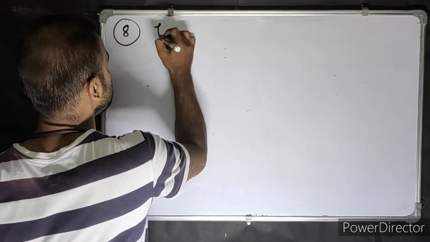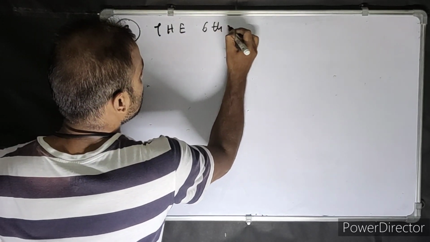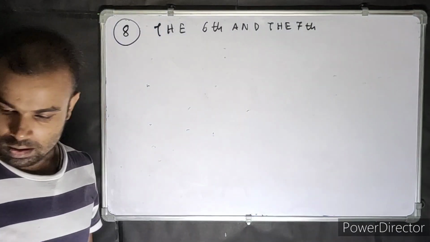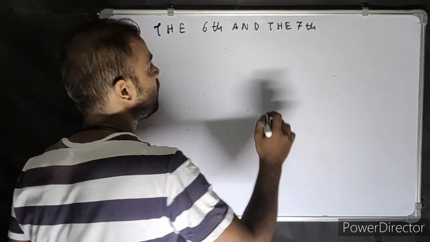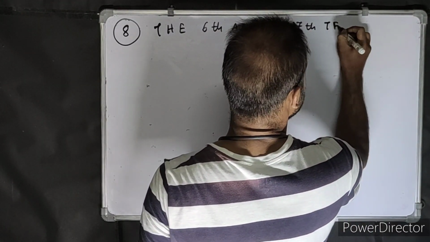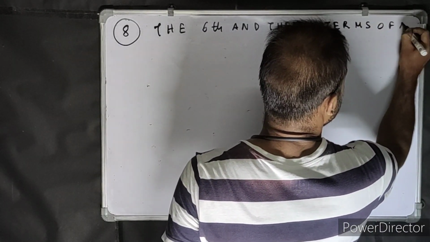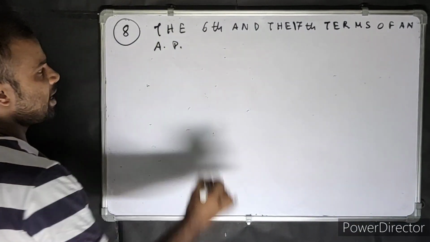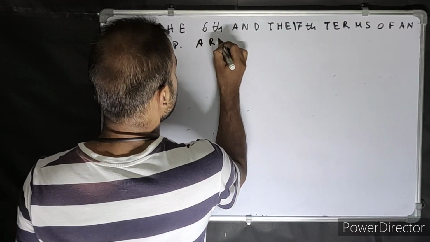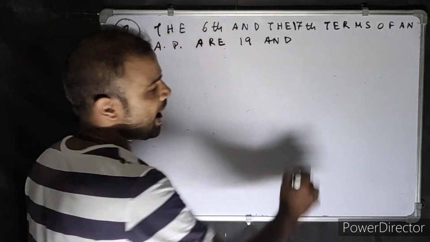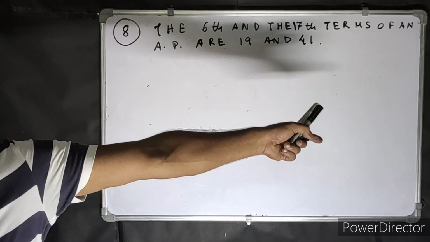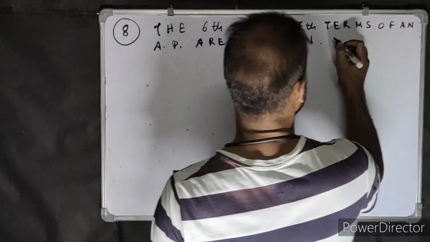The 6th and the 17th terms of an AP are 19 and 41 respectively.